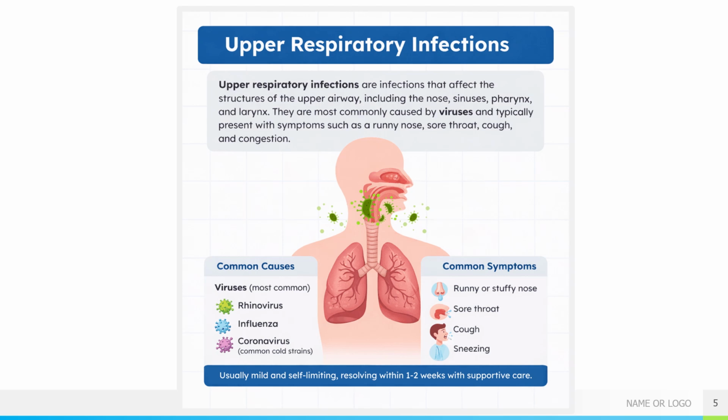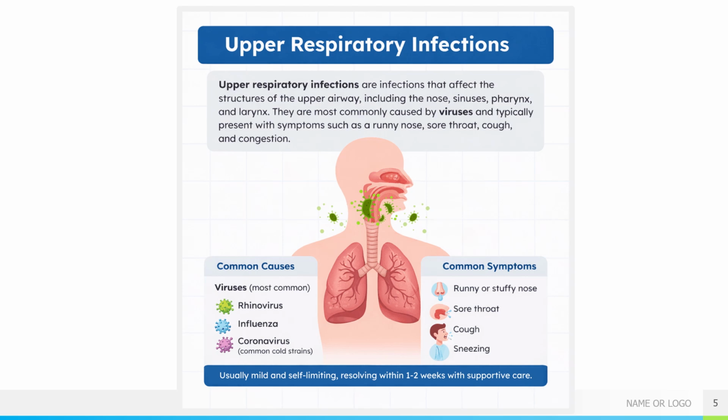Several factors can increase a person's risk for developing a URI, which include close contact with infected individuals, such as in schools or healthcare settings, poor hand hygiene, smoking or secondhand smoke exposure, which impairs normal airway defenses, extremes of age, so especially young children, and on the opposite end of the spectrum, older adults, chronic illnesses or immunosuppression, and seasonal increases during the fall and winter months.